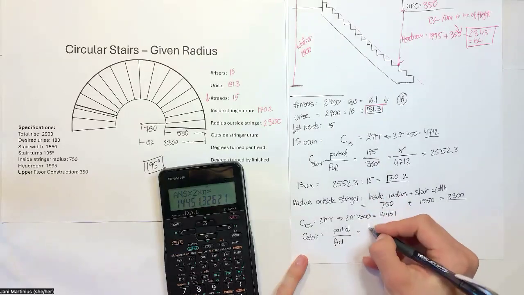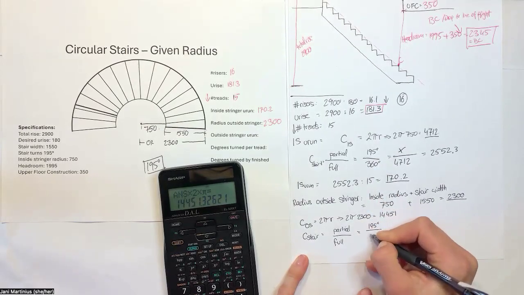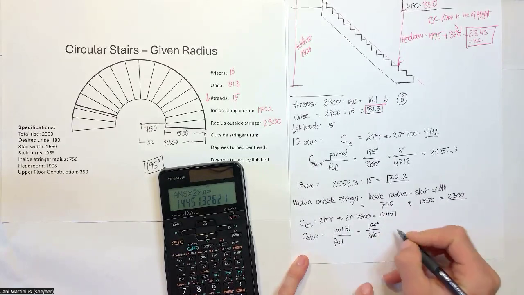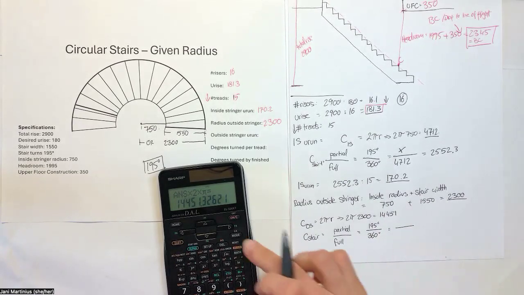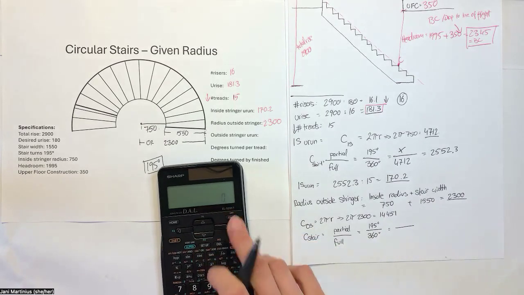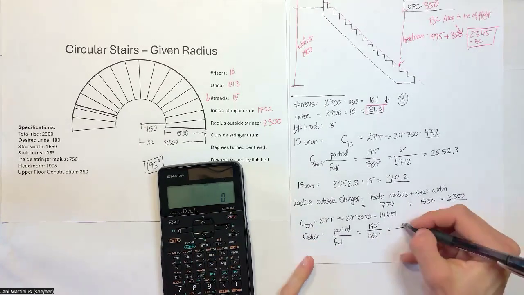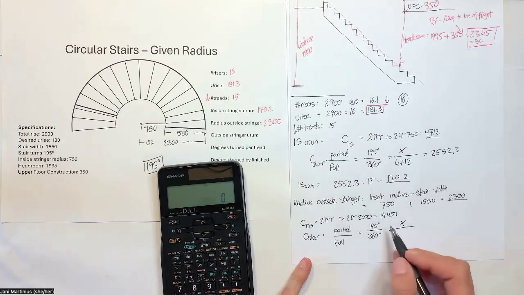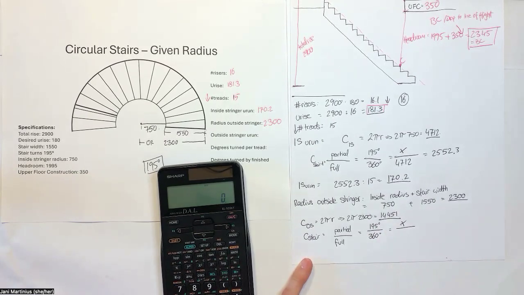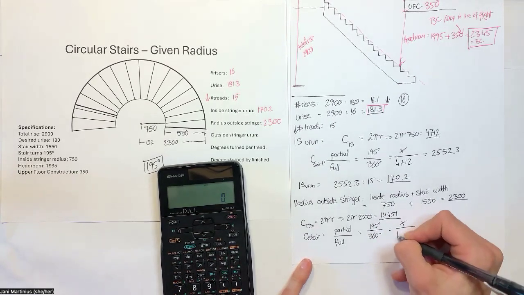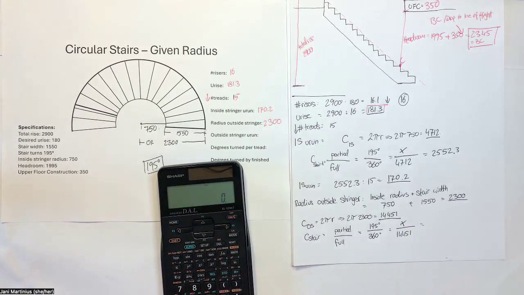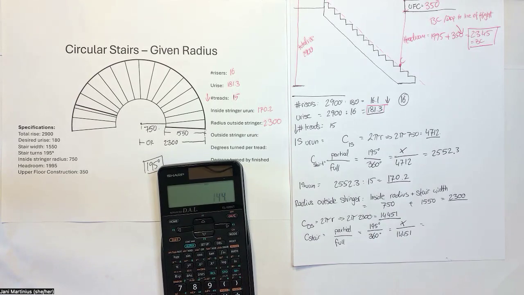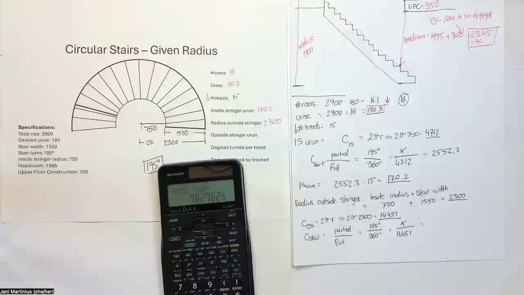We have 195 degrees in our stair over the 360 degrees of a full circle, equal to what we want to find over the circumference of the outside stringer that we just found. Now again, ratio and proportion: 14,451 times 195 divided by 360.